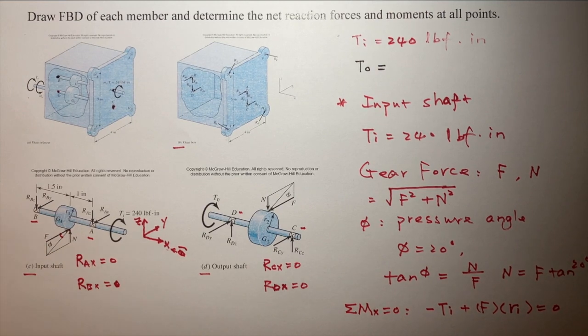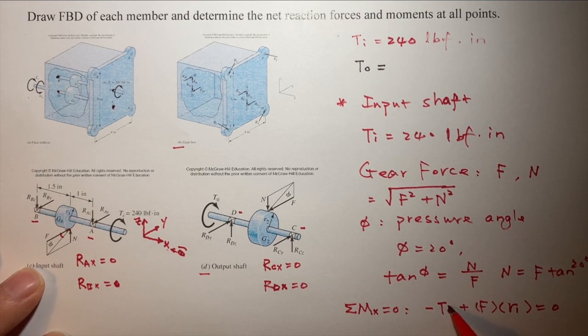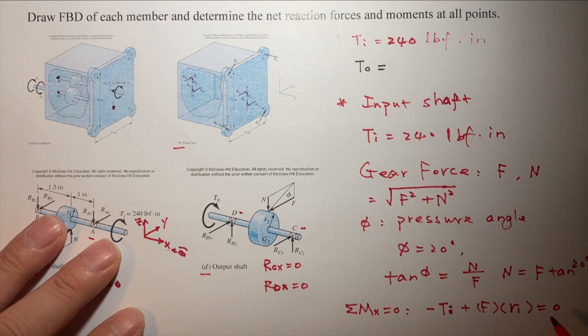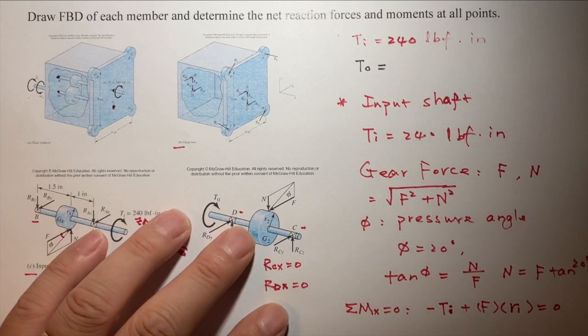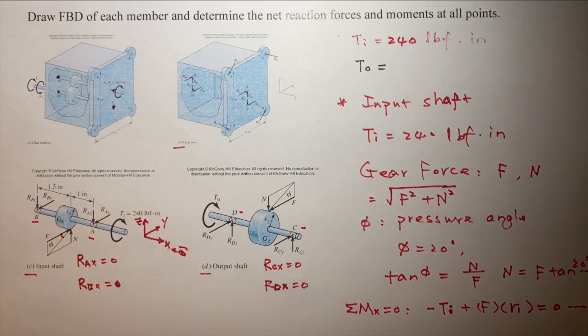So you can get two equations. We know Ti, the input shaft torque, and we know R1. So this is equation 1, this is equation 2.